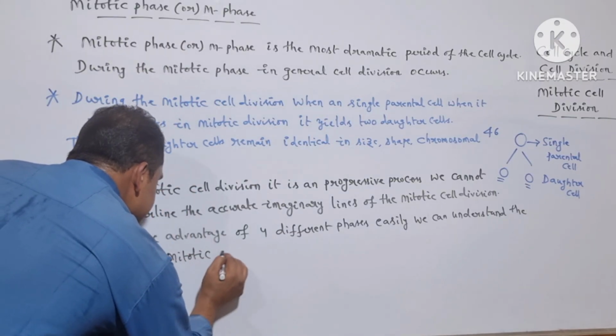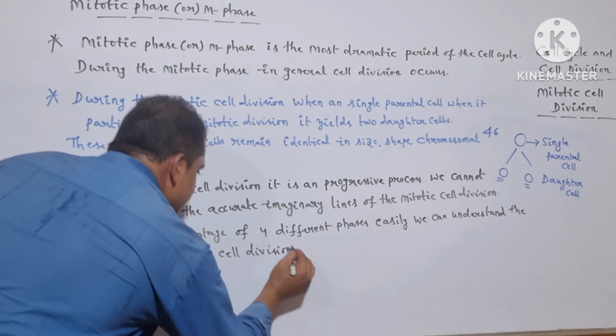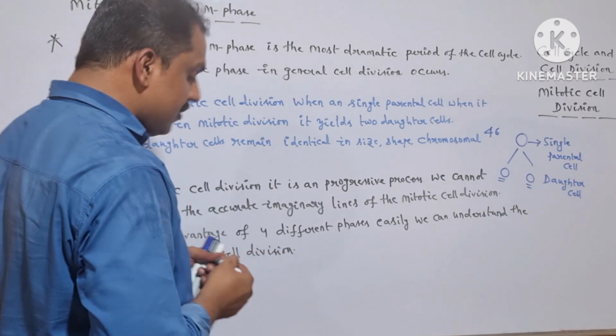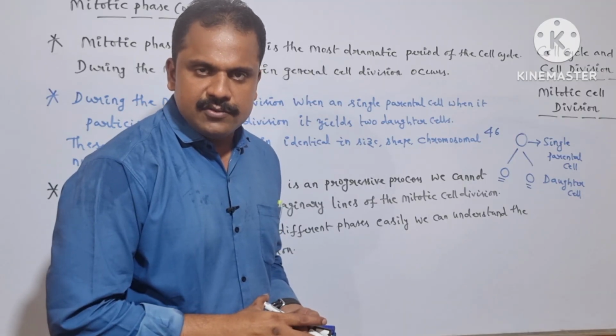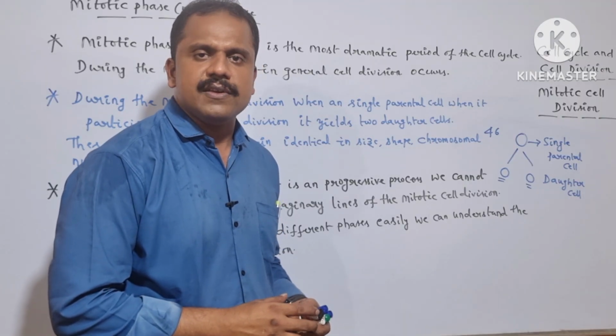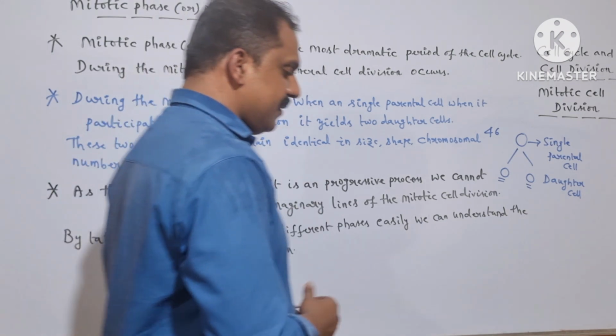The mitotic cell division. And the four different phases include prophase, metaphase, anaphase and telophase. So at first we will be studying prophase. So what is prophase? Let me arrange the things here.